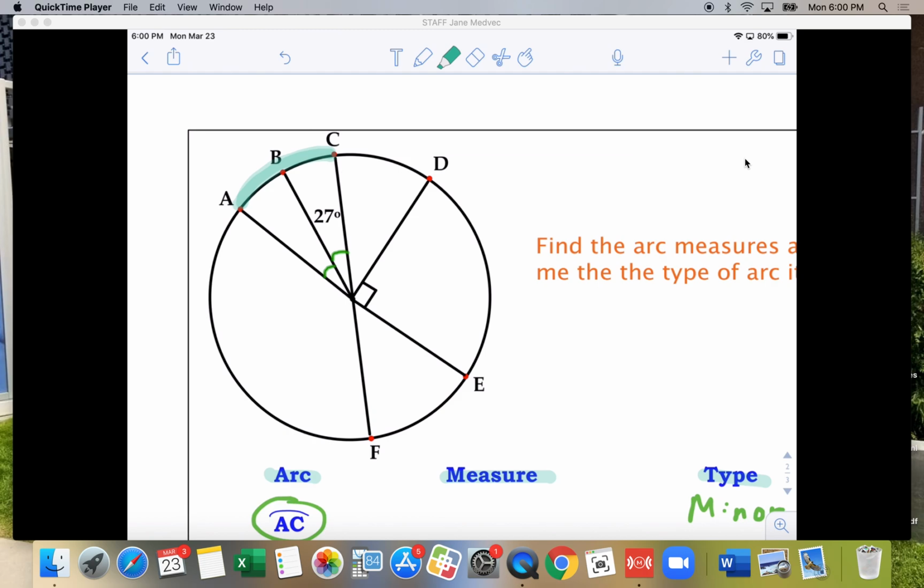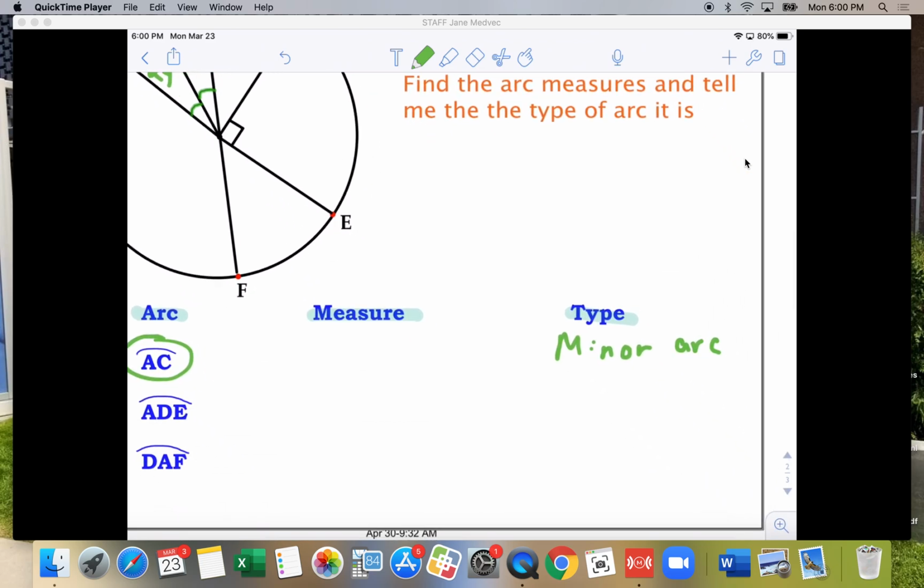You're going to notice that I've got 2 little marks right here, and that means those angles are congruent. So I know that this little piece is 27, and this is also 27. So the measure is 2 times 27, which is 54 degrees. Again, don't just pull 54 out of thin air. Make sure you show your work on how you got that 54. And it makes sense that it's a minor arc because it's less than 180 degrees.